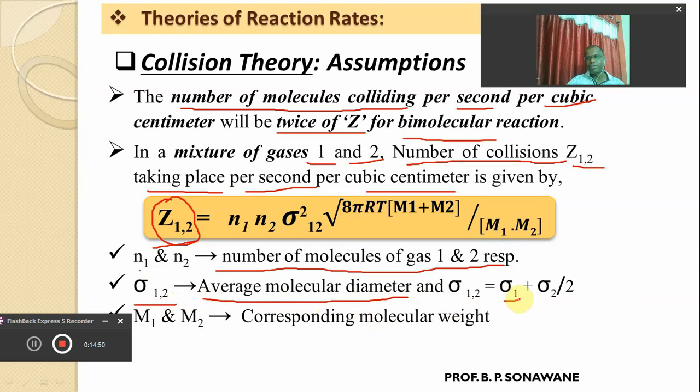Sigma 1 is the diameter of molecules of gas 1, and sigma 2 is the diameter of molecules of gas 2, and their average is indicated by sigma 12. For example, if one is 5.5 and the other is 6.5, then the average of these will be called sigma 12. And m1 and m2 are the molecular weights of gas 1 and gas 2 respectively.